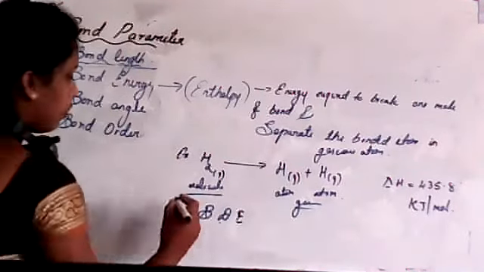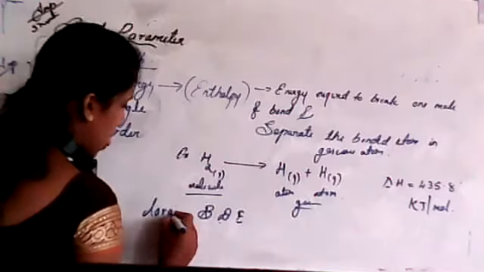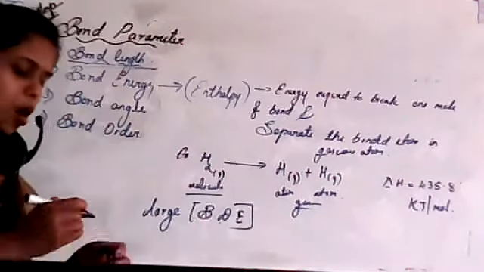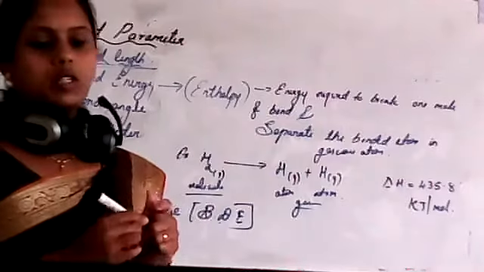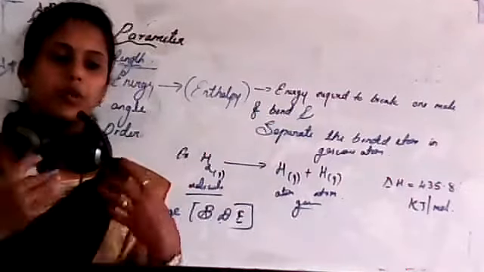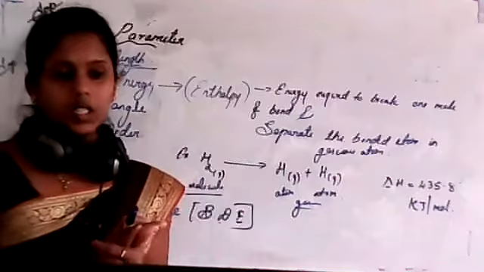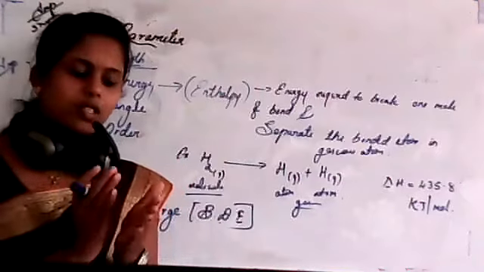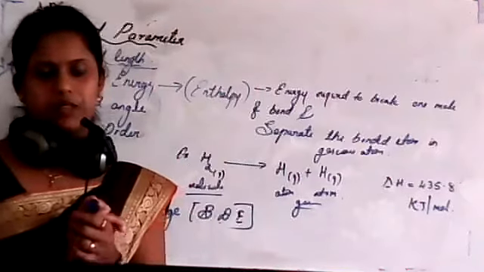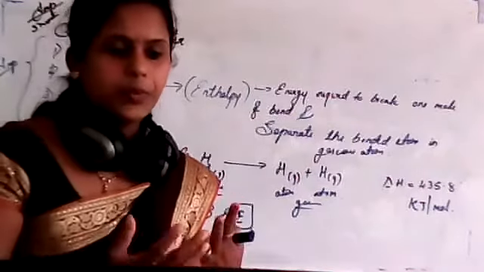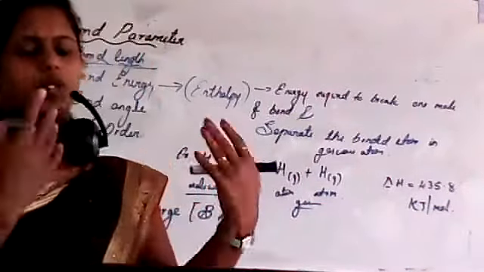That means if you are considering a large bond dissociation enthalpy, is the bond stronger or weak, students? If I provide more energy to break the bond, is the bond very weak or strong? Just imagine you are providing more energy to break a single bond or double bond or whatever it is.